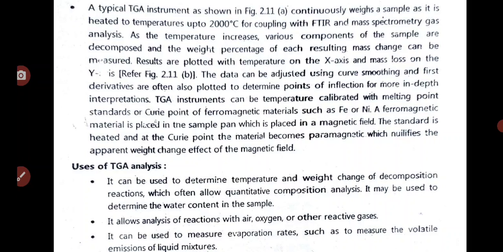The sample pan in the magnetic field and the standard are heated to the Curie point of the material, so the ferromagnetism is nullified, and an apparent weight change occurs due to the magnetic field. So if we heat the material, the magnetic property changes, whether ferromagnetic, paramagnetic or weakly magnetic, and this also changes.